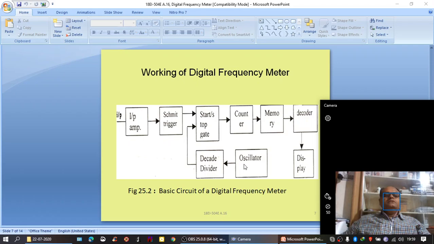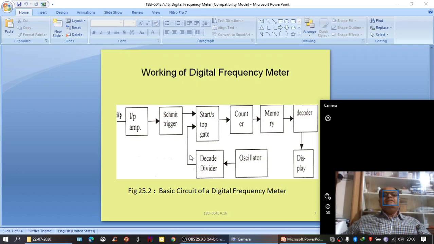If the 1 megahertz signal is divided by 10, then instead of 1 microsecond, the pulse duration would be 10 microseconds. If the signal is divided by 100 in the decade divider, the pulse width would be 100 microseconds. If divided by 10 power 3, the pulse width would be 1000 microseconds or 1 millisecond.